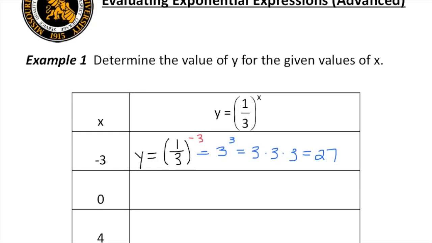Now let's evaluate at x equal to 0. We have 1/3 to the 0 power. But from a previous property of exponents, we know that this is equal to 1. Finally, let's evaluate this at 4. So we have 1/3 to the 4th power.